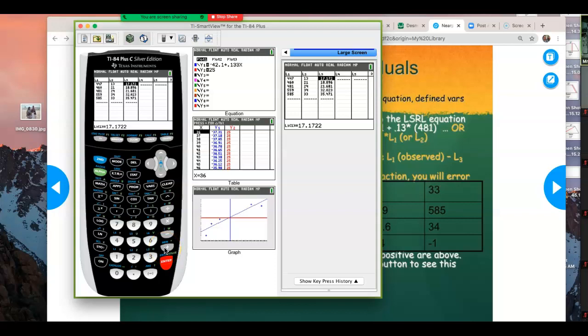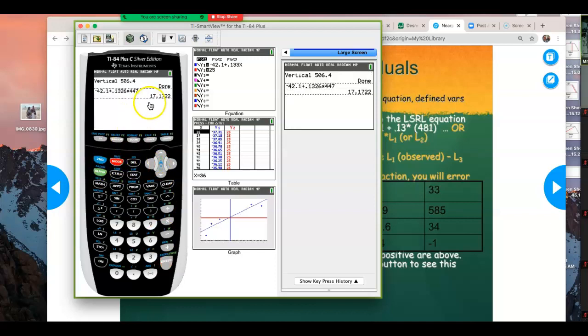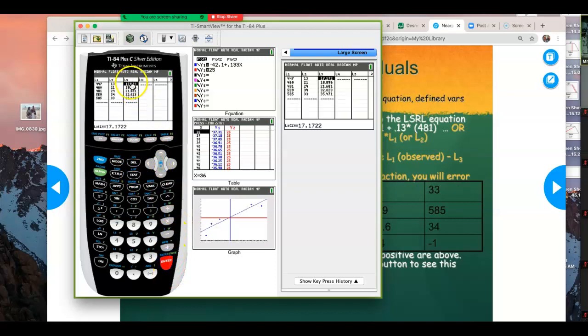So I found all the predicted values. So 17.172, that's what I got when I calculated it. The first predicted value is 17.172. I just did it all in the list. I plugged in all the numbers, so these are all my predicted values.